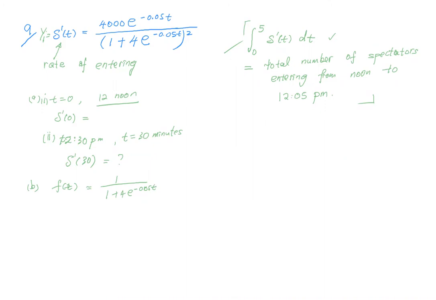So if I want to find f prime t, okay, I might as well do it for you. So f prime t, no, it's not your s prime t. Don't simply say. Okay, f prime t first.